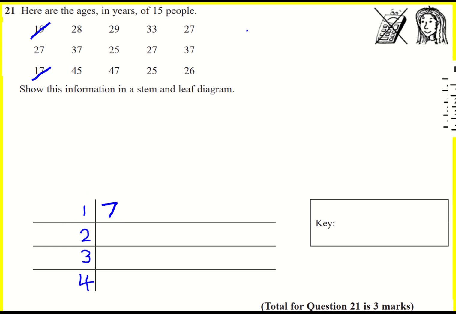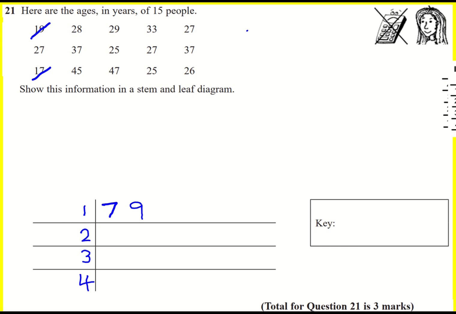Now I'm going to put the 9 in. Together, that would be considered 19. And I can't see any other numbers between 10 and 20. So now I'm going to go up to the 20s.